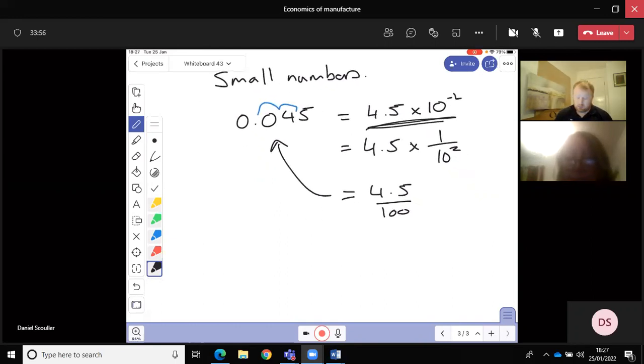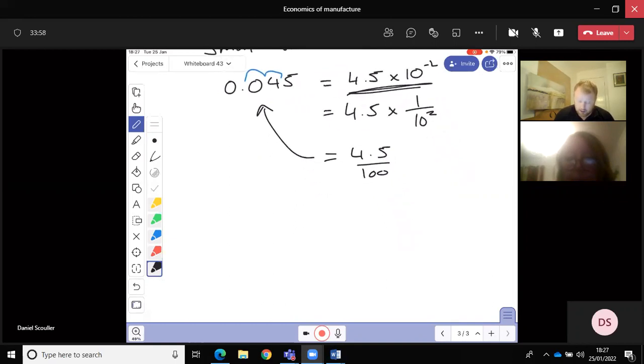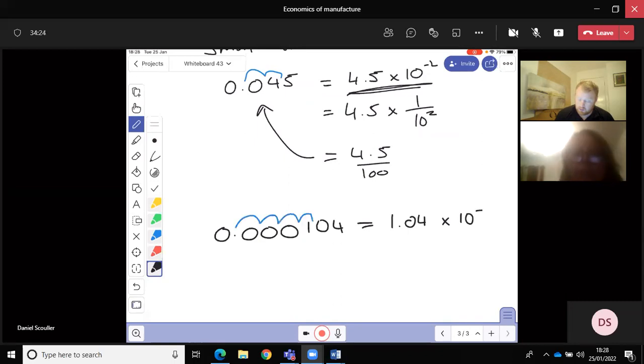Something else, so if we had 0.000104, we were to write that number. We're moving that decimal point 1, 2, 3, 4 positions, times 10 to the negative 4.